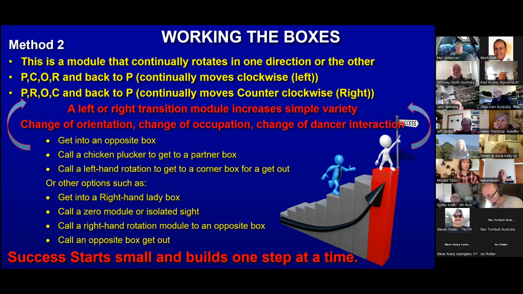I can do what I want, you know. I can do a right and left grand or a pass through right and left grand if I want. Whatever I want to do as a get out, I can do as a get out for that right hand box. And I haven't repeated anything other than the choreographic sequence in the caller's head.